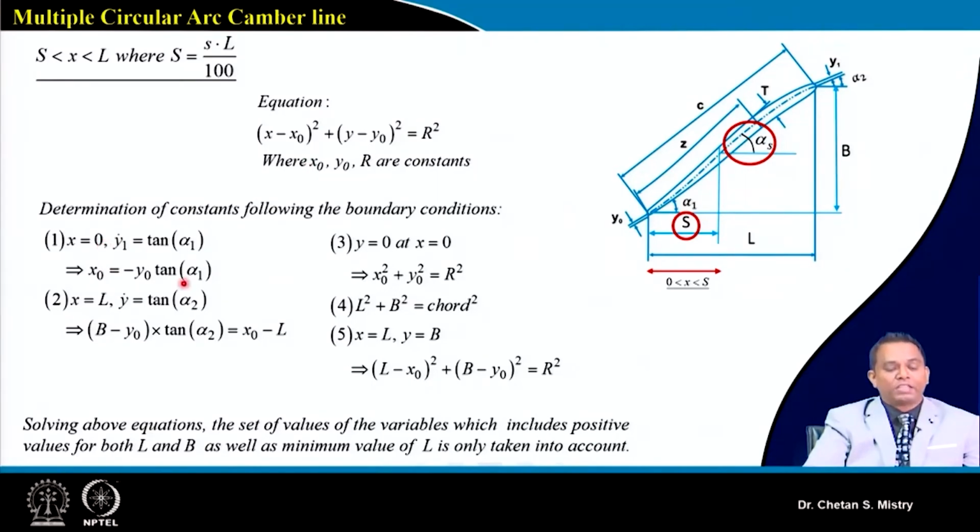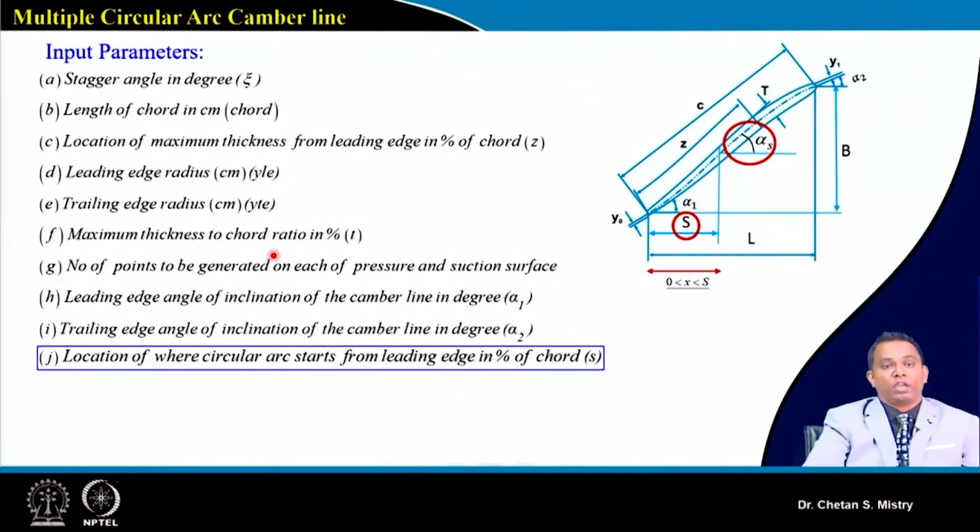If we put in our boundary conditions, that will give us all the variables, all the constants. Once we have derived the constants, we will be calculating our x and y coordinates for the camber line.